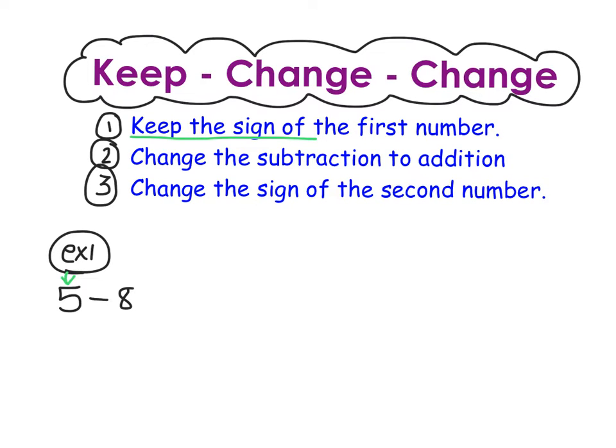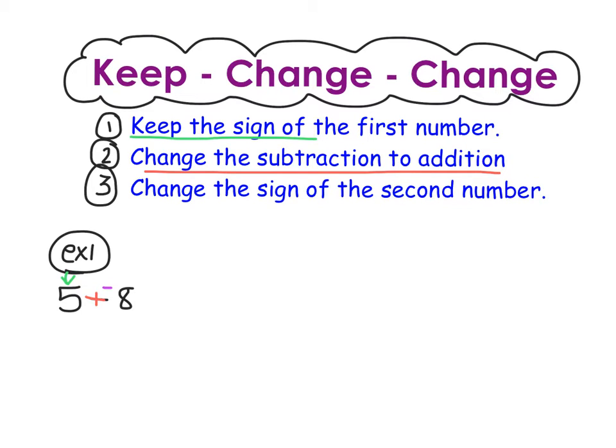So when we use keep, change, change to rewrite a subtraction into an addition problem, we keep the first number the same. Then we change the subtraction to an addition. That's the first change. And then the second change is we change the sign of the second number.